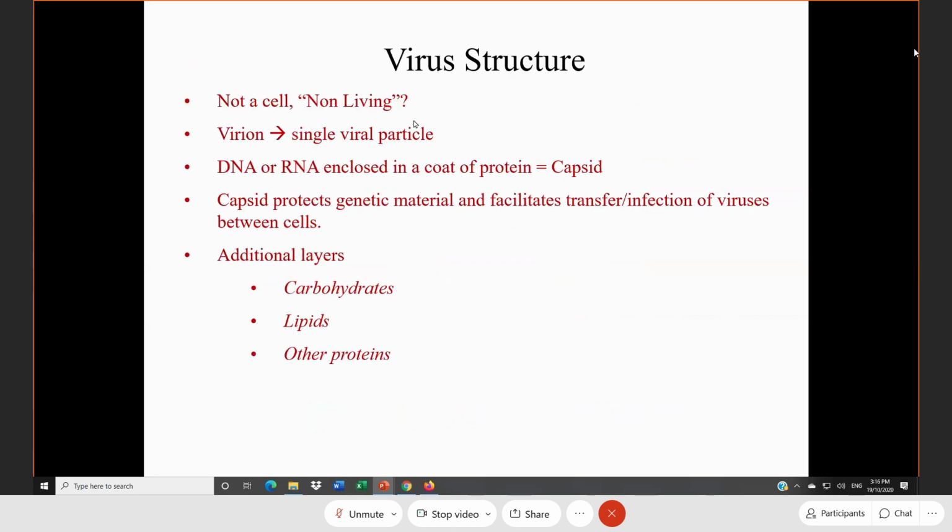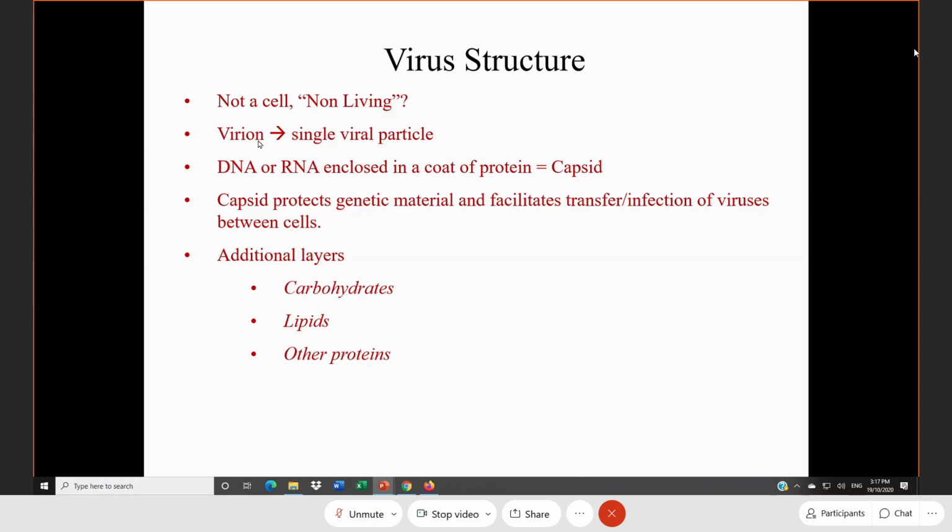A virus is not a cell, so this violates the original theory of living and non-living. Is a virus living or non-living? Confusing. In fact, of course it's living, but it is non-cellular. Some people disagree with that, but that is a fact. From time to time you will come across the term virion.